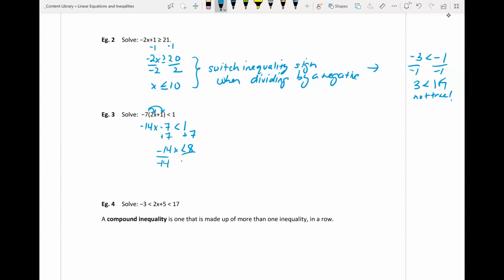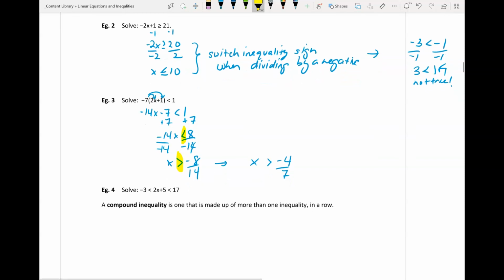And when you do that, remember to switch your inequality sign to the other direction. You can also simplify your fraction, which is the same thing as saying negative 4 over 7 if we divide top and bottom by 2. Just going to highlight this so that you know to switch your inequality signs because we divided by a negative there.